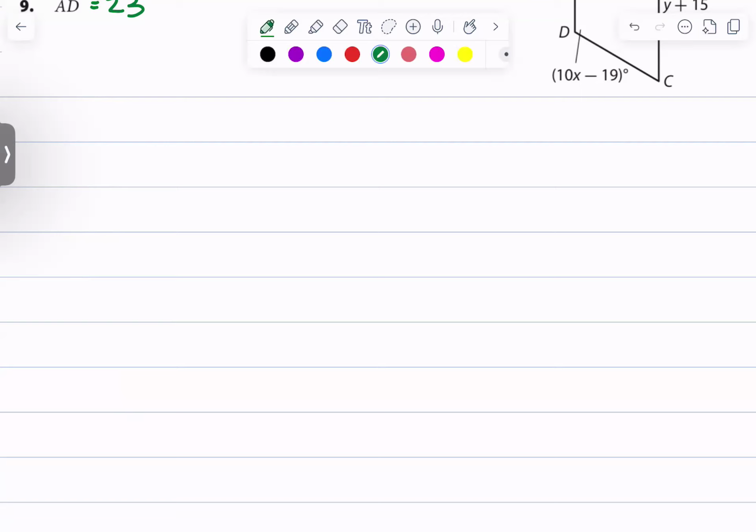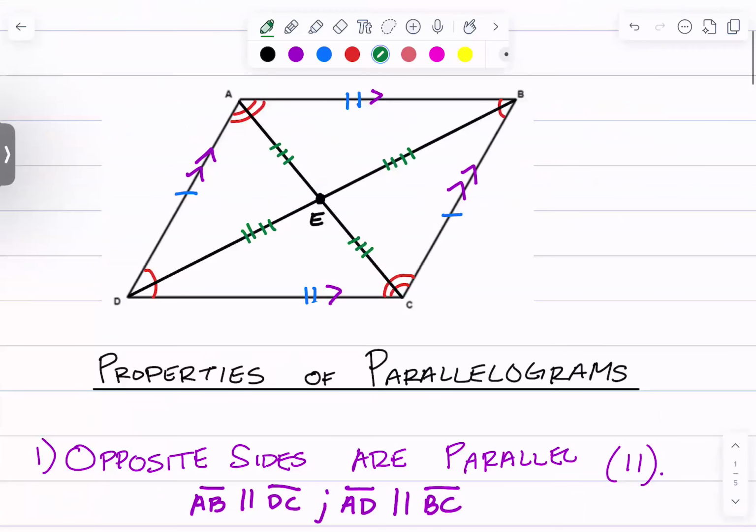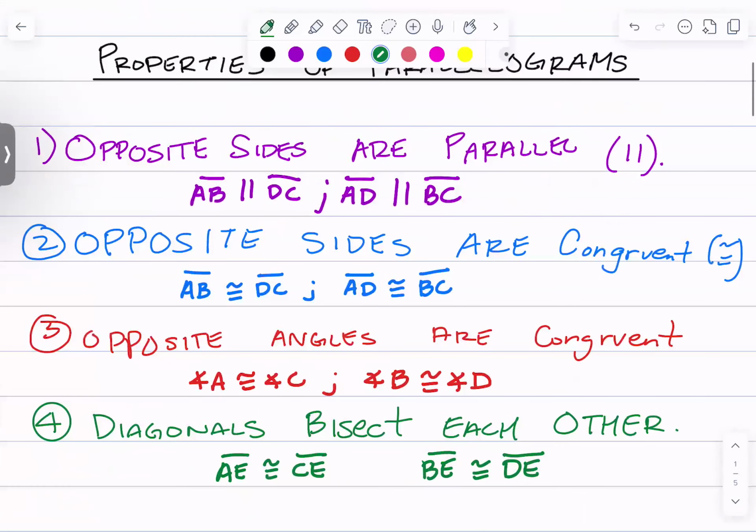We proved that one of the 5 different angle relationships existed, correct? And therefore I can say that those 2 lines are parallel, correct? This is the same way. Okay, we're going to prove that one of the 4 properties exist. Therefore, I can say that this quadrilateral is a parallelogram.